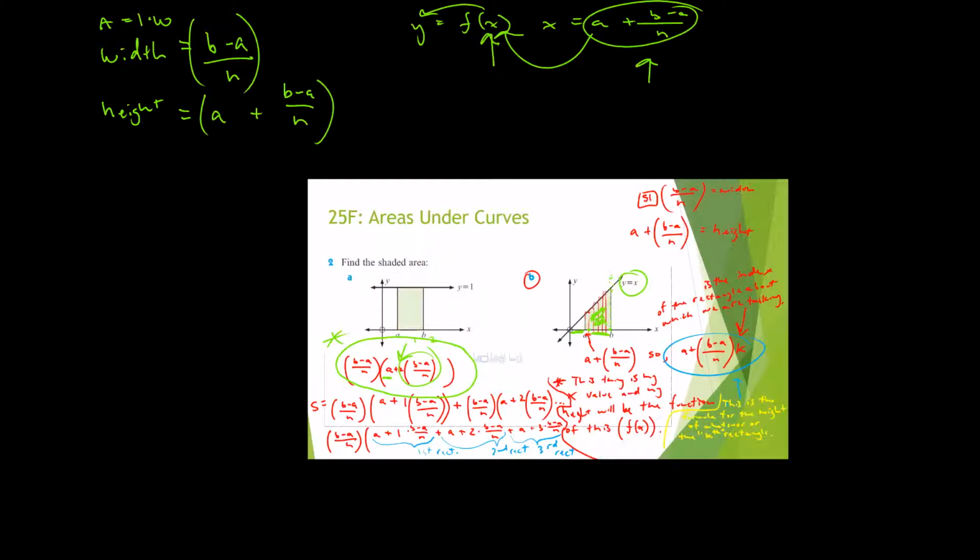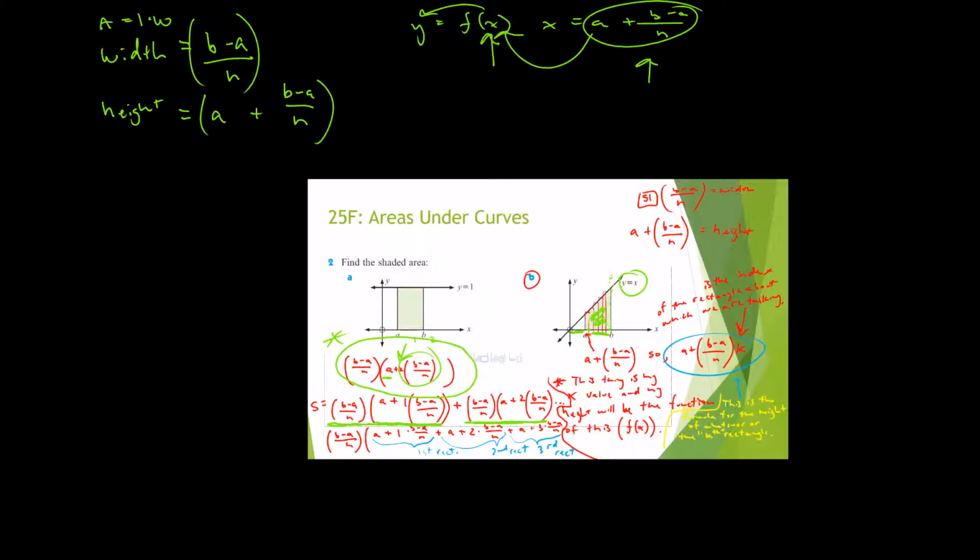So you see what I did here: this first piece represents the area of the first rectangle. This piece represents the area of the second rectangle, and all I'm doing is adding those up.